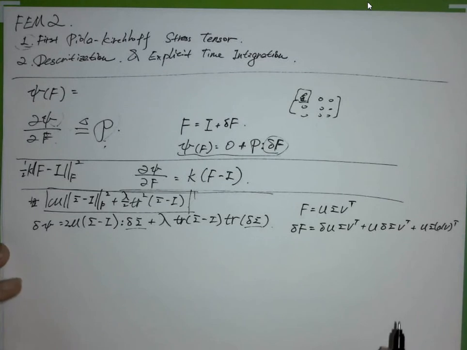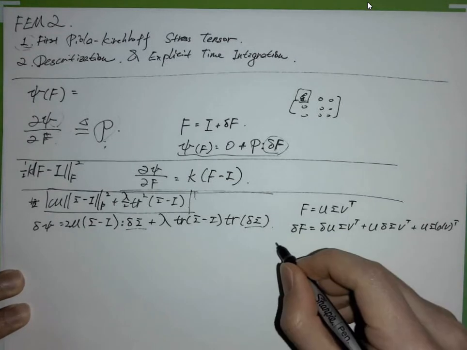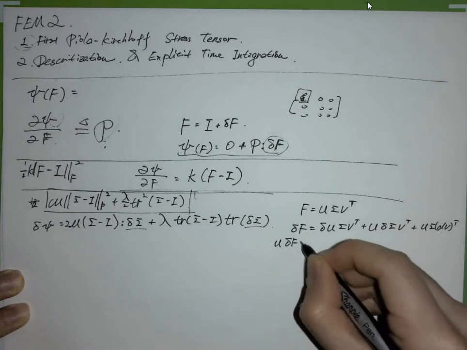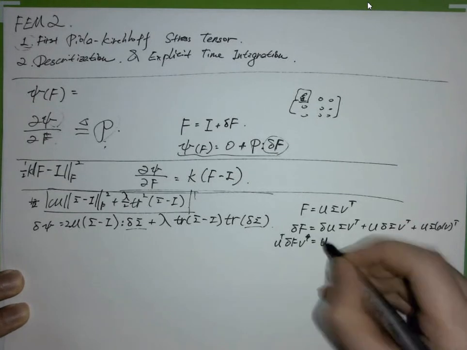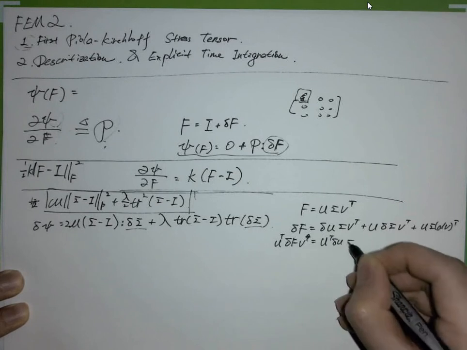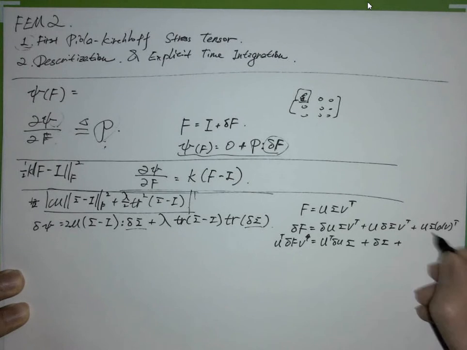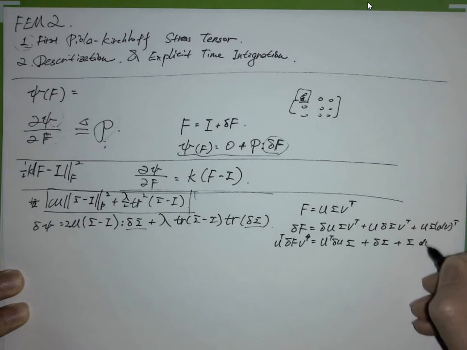Something like this, because you can just think of U, sigma and V as three separate variables and apply the properties of the derivative. All right, I can multiply U transpose and V on both sides of the equation, so it becomes U transpose dF V equals U transpose dU sigma, and V transpose V goes away, and here it becomes d sigma, and also there is sigma dV transpose V.